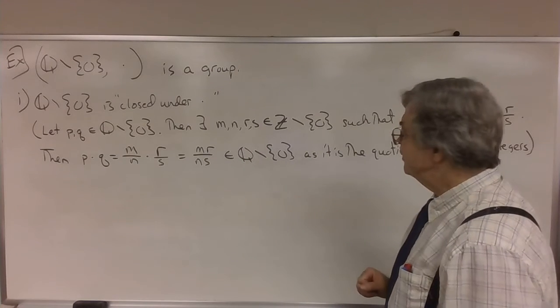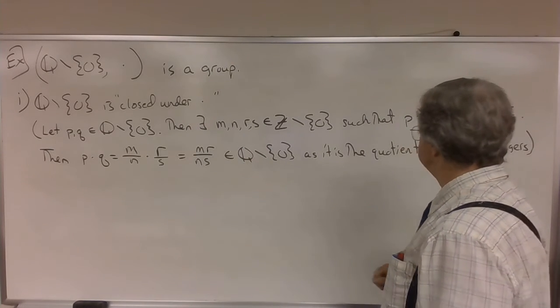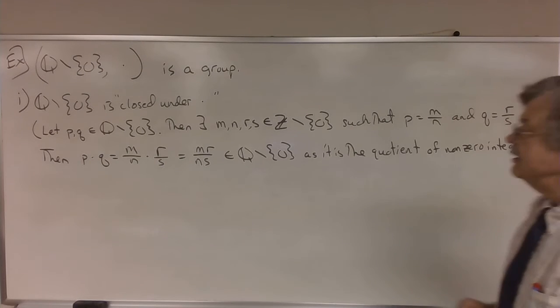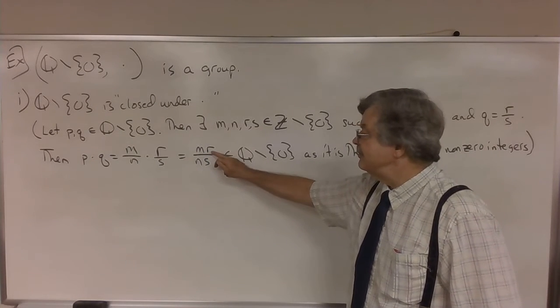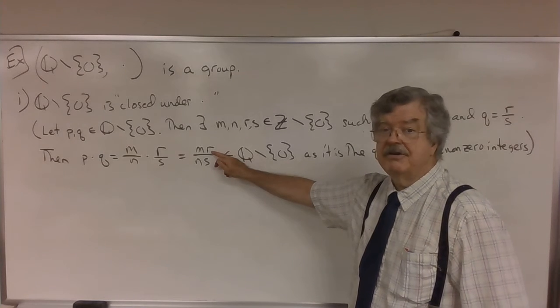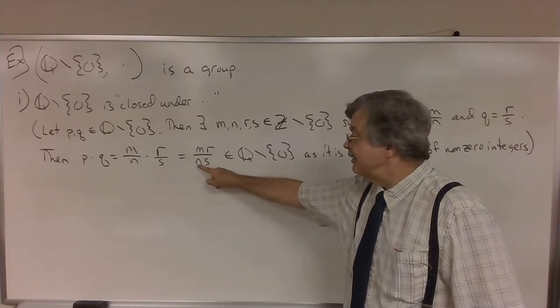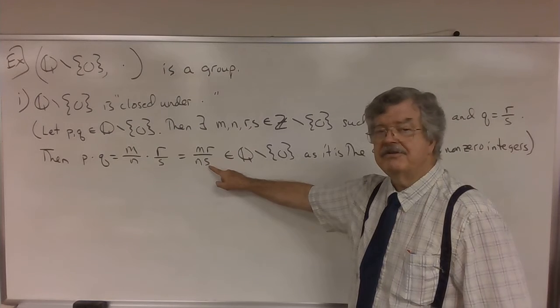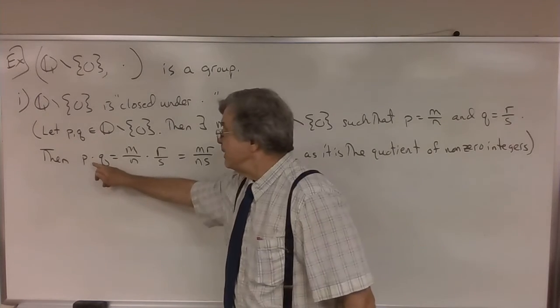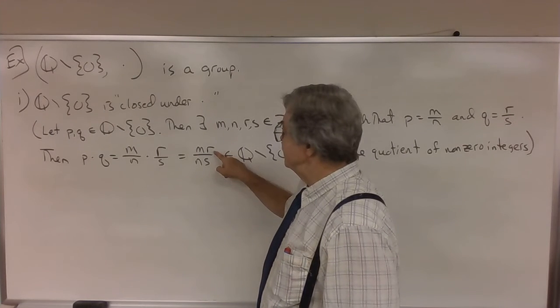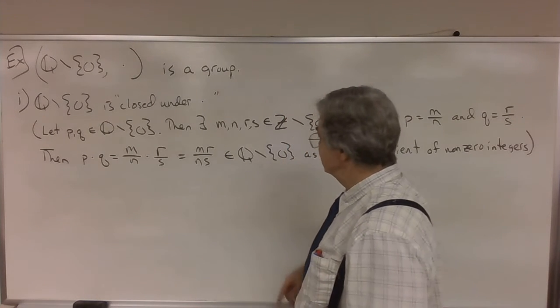And both of these are non-zero. Non-zero integer times non-zero integer is non-zero integer. So p times q is non-zero integer divided by non-zero integer.